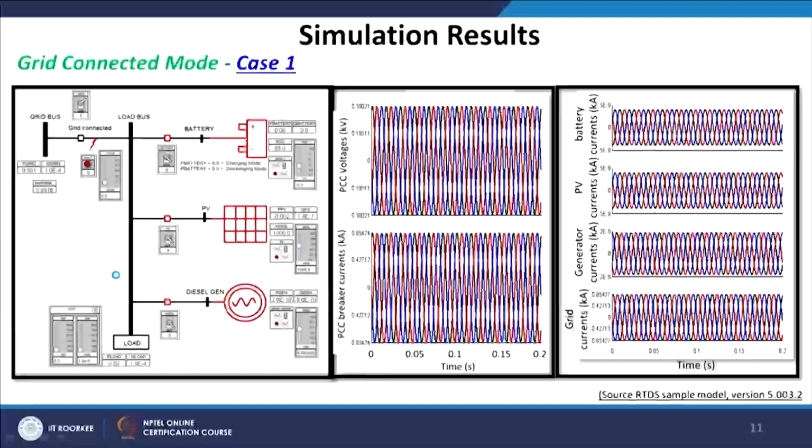Now, the moment we talk about grid connected mode, that is case 1, case 1 is the special situation where the AC microgrid is connected to my grid, but the distributed energy resources are not active. And the load, which is 0.5 megawatt, is being catered by the grid.